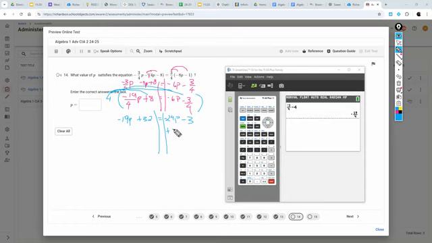I'm going to add 24p to both sides. And now I can cancel out this. This is going to be 5p plus 32 equals negative 3. Then I'm going to subtract 32 from both sides.